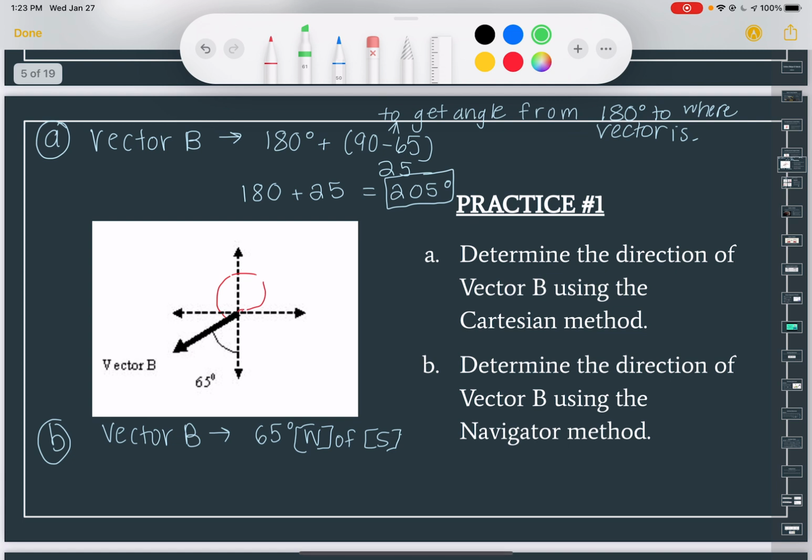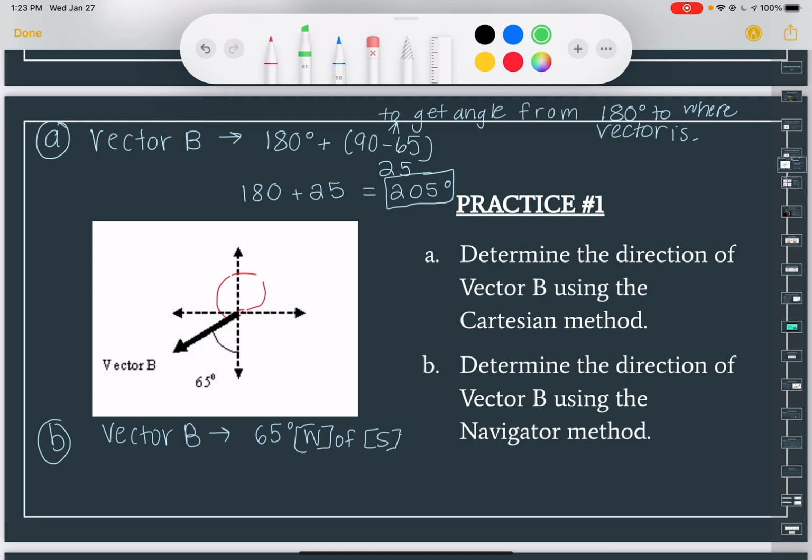All right. I'm not too sure why, but it seems like I've already done this. Let's do practice number 1 here, and we're going to do this on this picture and determine the direction or the angle of the vector using the Cartesian method and then the navigator method.